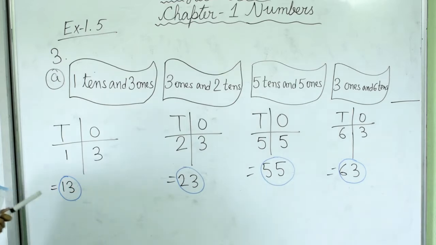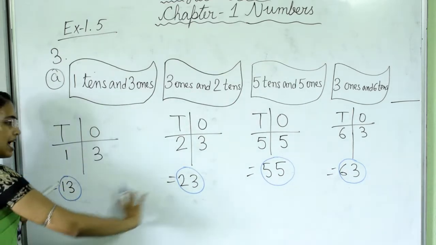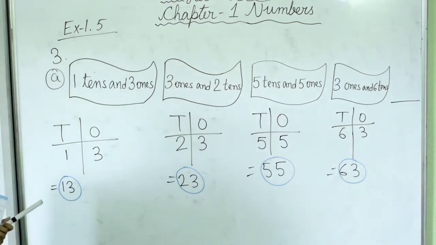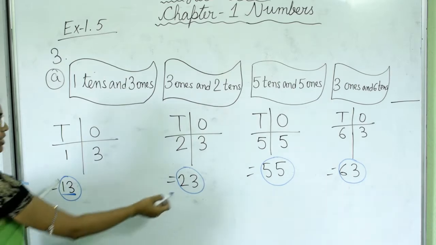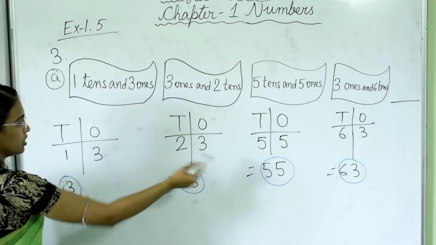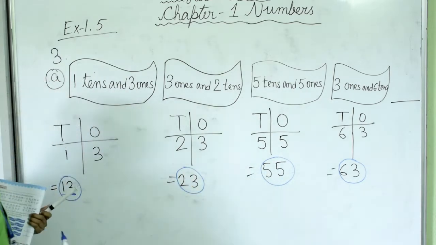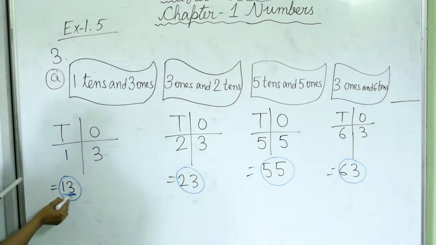Now can you find out whether it is written in ascending order or in descending order? First one is 13, then 23, then 55 and 63. Among these 4 numbers, which one is the smallest number? 13. So 13 is the smallest number.